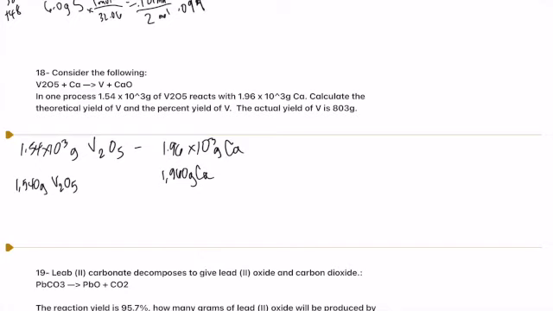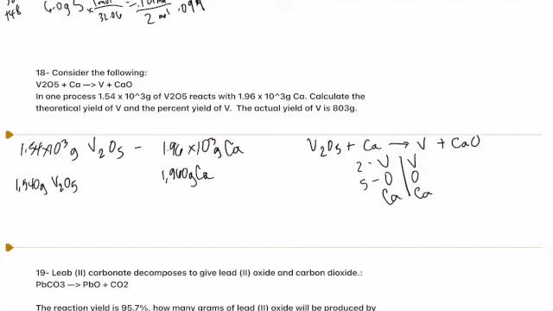We need to take a look at our balanced equation, and we need to convert each of these samples into moles. And so you can refer back to earlier questions and find the balanced equation, or we can practice it again here. We'll go ahead and practice it again here real quick.